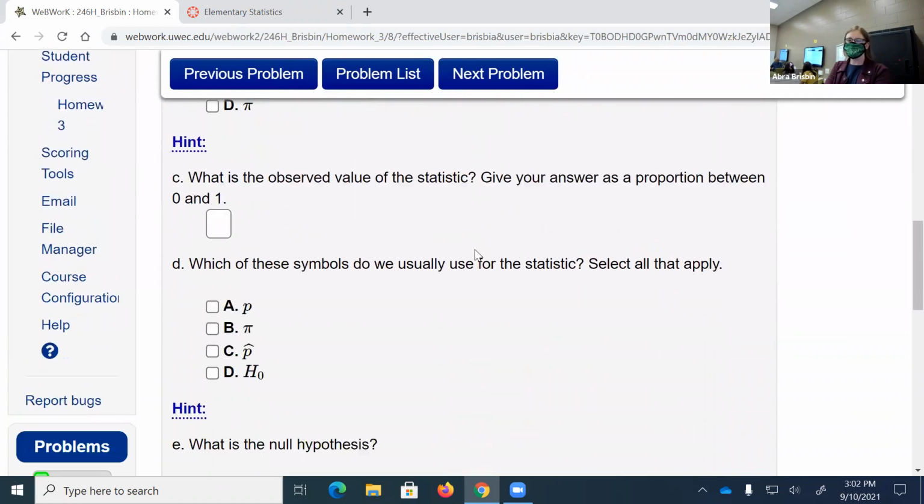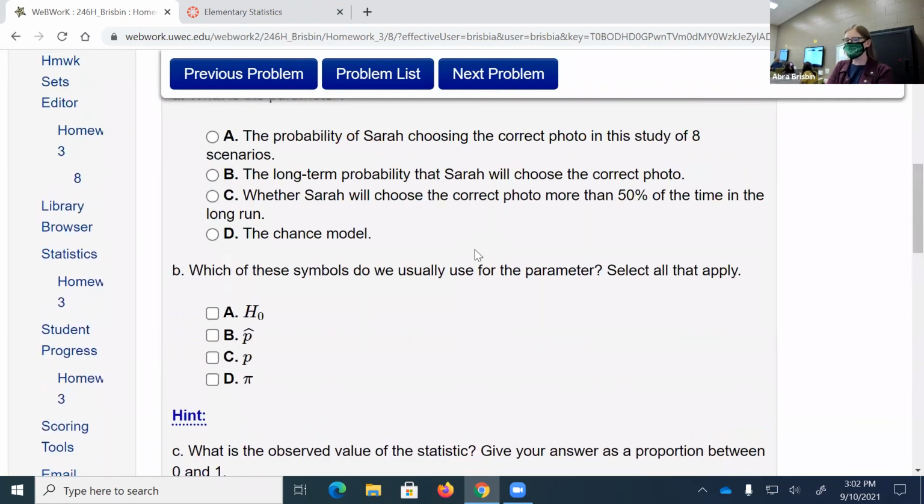Okay, so figuring out symbols for the parameter and the statistic. The parameter is the measurement of either the long run process or the population. So that's what our null hypothesis is about.